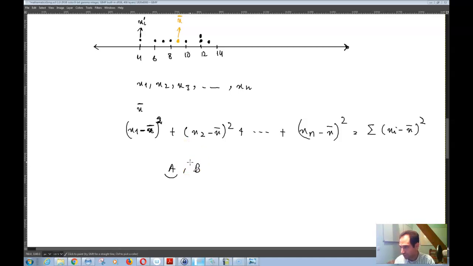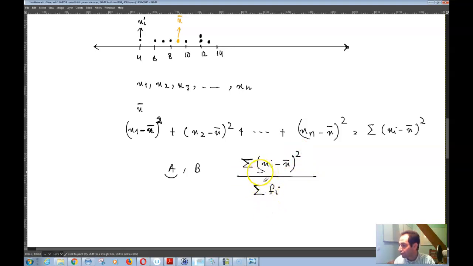To overcome this difficulty, we take the mean of the squares of the deviations, meaning that instead of writing sigma x of i minus x bar whole squared, we wrote this expression as sigma x of i minus x bar whole squared divided by sigma f of i.